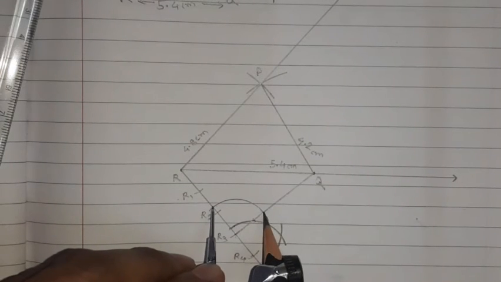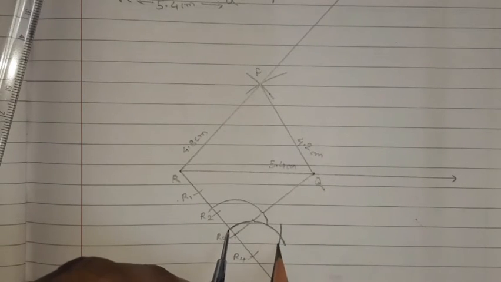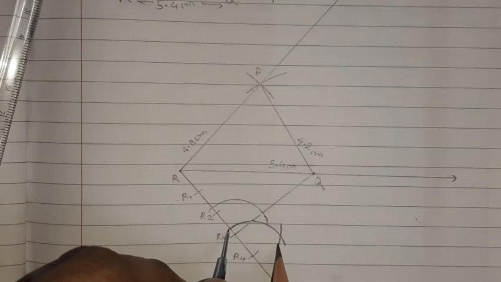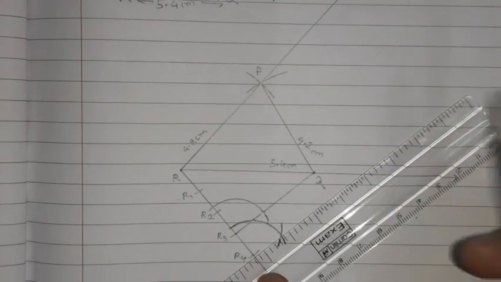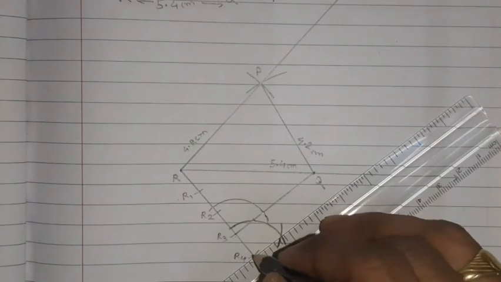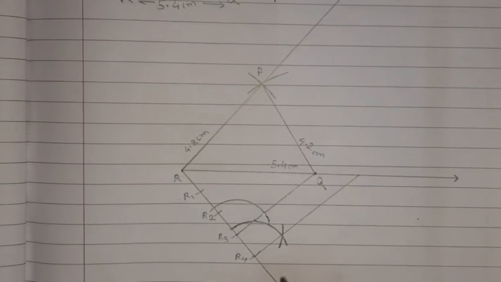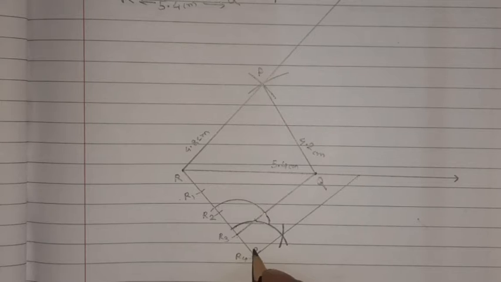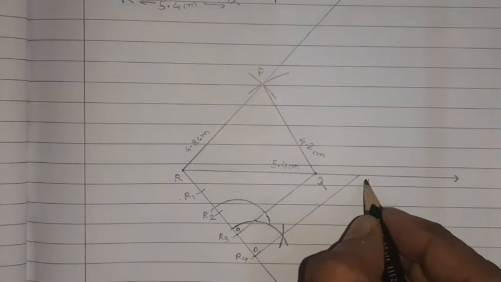See dear student, take this much distance and keep this metal point on this arc and draw the intersecting arc to the previous arc. Now join this R1 and this R4, then we get one line or one segment. Now these two lines are parallel because the corresponding angles are congruent. Now this point is point T.